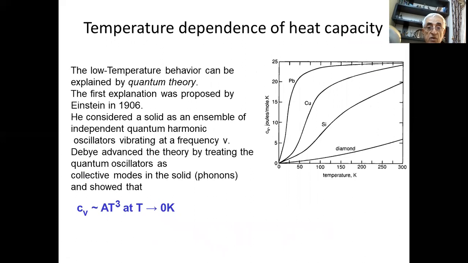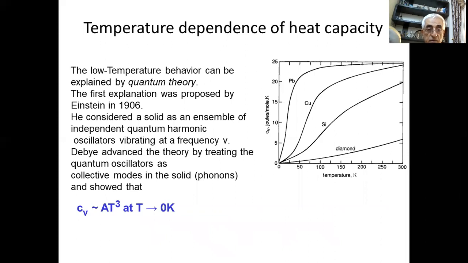Temperature dependence of heat capacity. The low temperature behavior can be explained by quantum theory. The first explanation was proposed by Einstein in 1906. He considered a solid as an ensemble of independent quantum harmonic oscillators vibrating at a frequency nu.